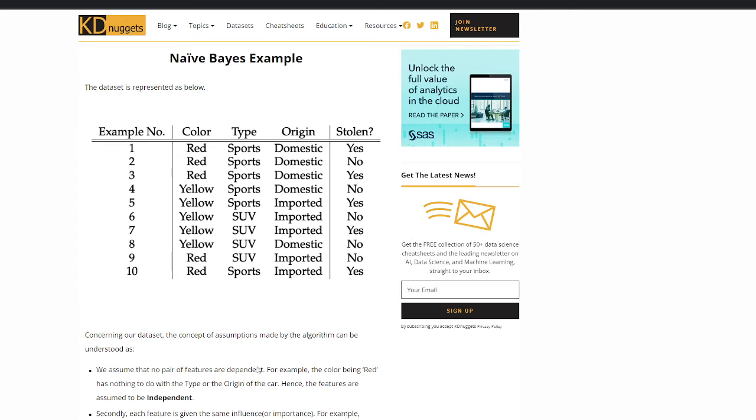Secondly, each feature has the same influence, the same importance. For example, knowing only color and type alone cannot predict the output perfectly. So none of the attributes are irrelevant, and they are assumed to contribute equally to the outcome. These assumptions made by naive Bayes are generally not correct in real-world situations.